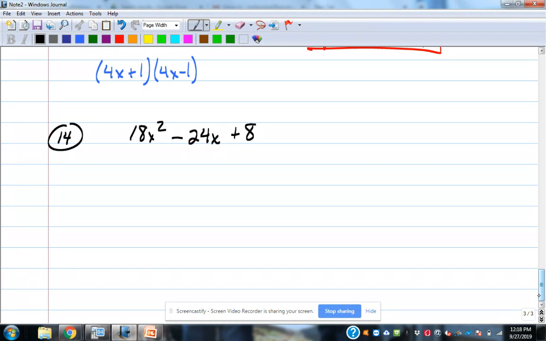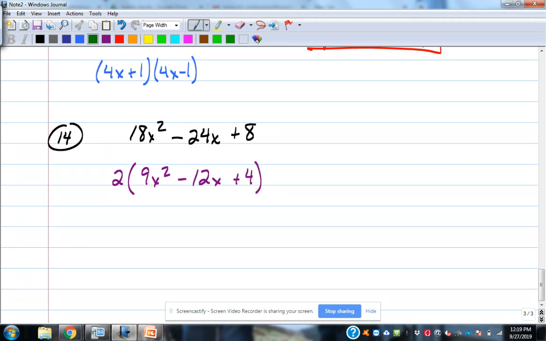What do we do with this one? 18, 24, and 8. 2 goes into all those. So 2, and then that leaves 9x squared minus 12x plus 4, right?